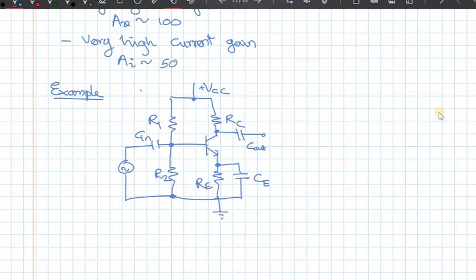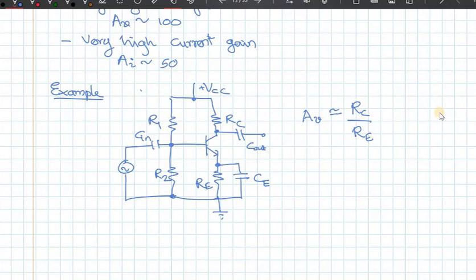Now, when it comes to the voltage gain AV of this circuit, roughly this value is equal to the resistance in the collector circuit divided by the resistor in the emitter circuit. What we are really interested in is not the DC potentials, but the AC potentials.